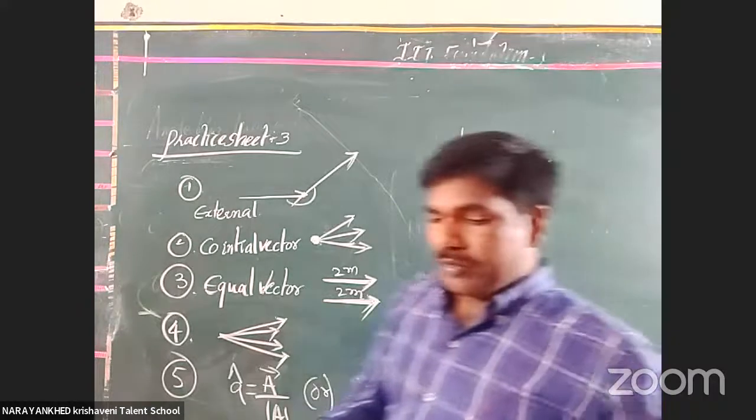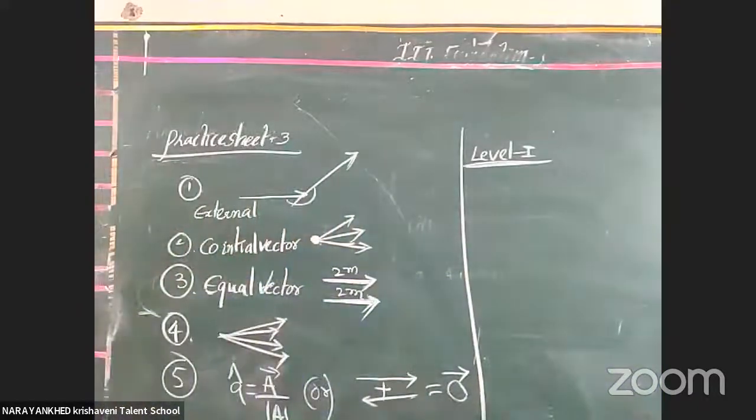Next, come to level 1 here. A vector having magnitude only 1 is called what? Got it or not? The vector which contains magnitude only 1 is called a unit vector.